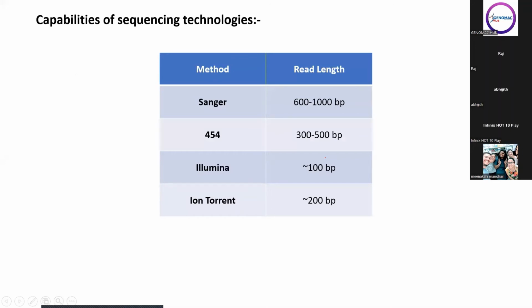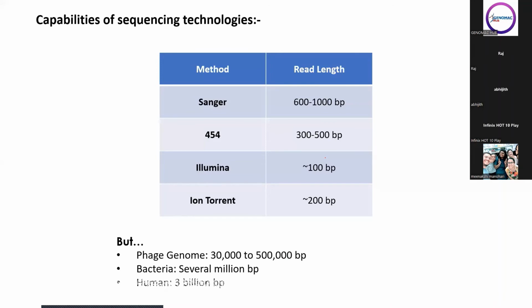And PacBio and Nanopore have the ability to read around 2000 base pair. But some other genomes have a longer length of DNA, like 5 million base pair, and human cells have 3 billion base pair. That's why we require the advanced technologies.